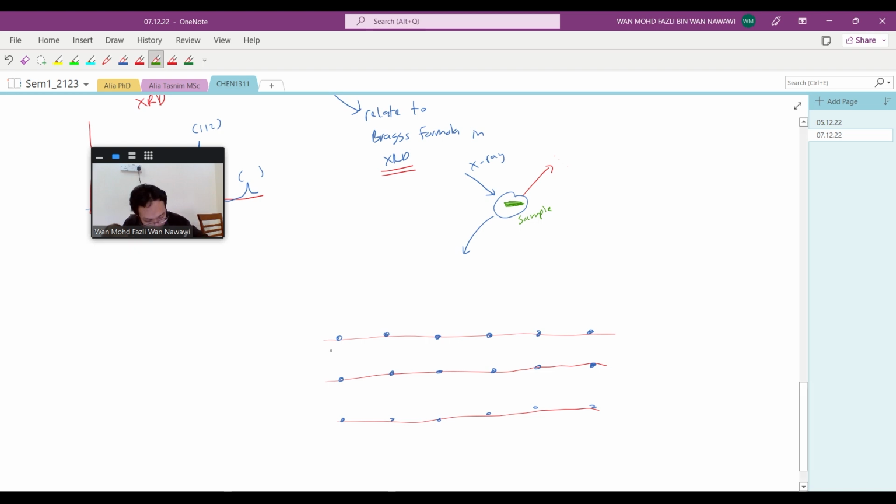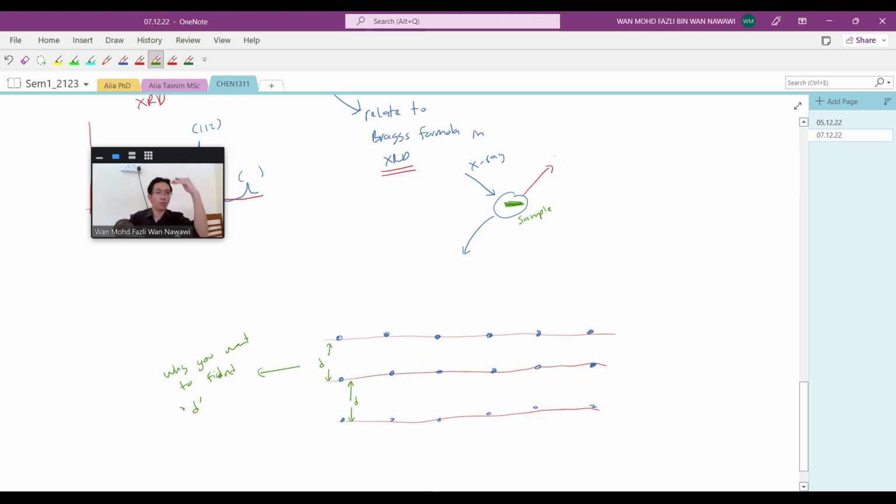And the distance between here and here is D, and here is D. Once you know the D, the distance between atoms, then you can back calculate where the atoms are in space. That's the reason why you want to find D.